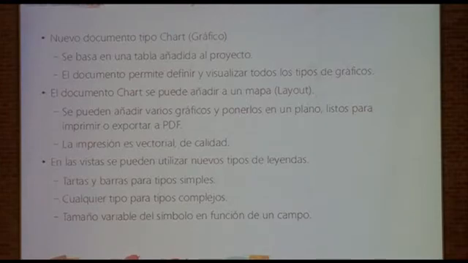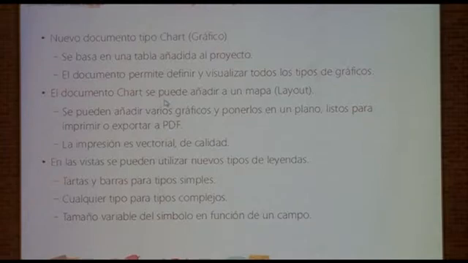As regards functionalities, there's a new type of document in gvSIG. You have views, maps, tables, and now we have these graphics, these charts. So I might even use the word chart in Spanish.